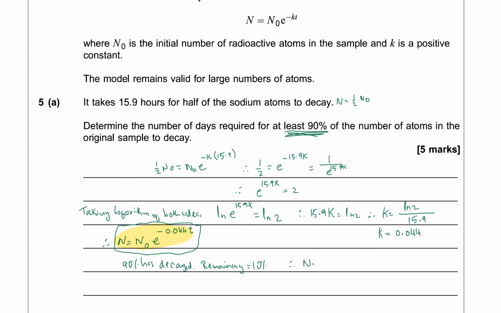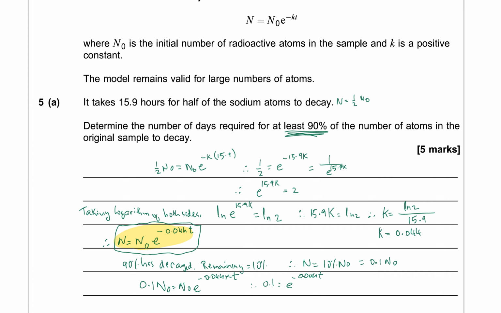Therefore, N would be 10% of N0, that is equal to 0.1 N0. So I can write 0.1 N0 is equal to N0 e to the power minus 0.044 times t. The N0 cancels out.